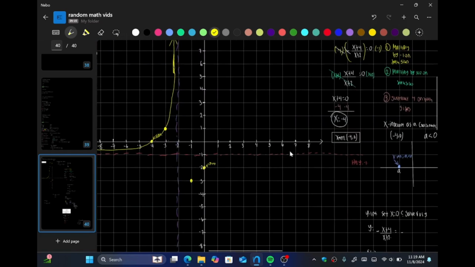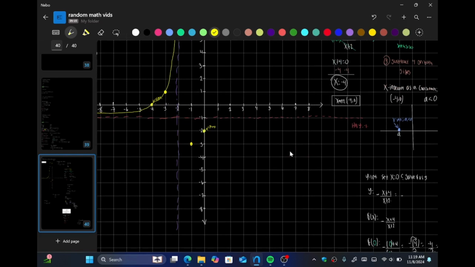So at this point, the last thing you need to do is just draw a smooth curve going through these 2 points.